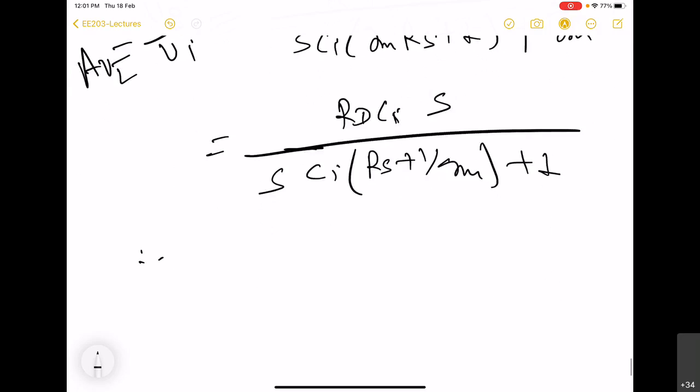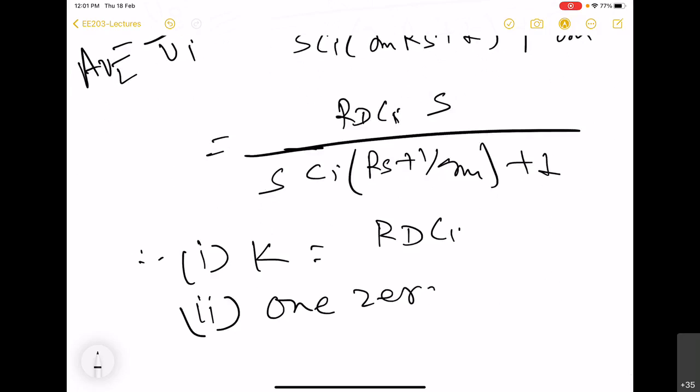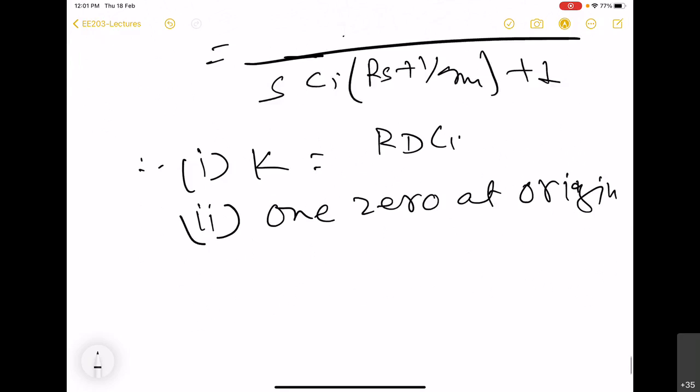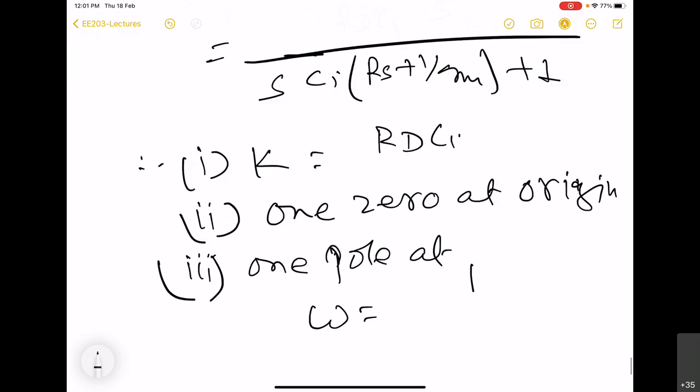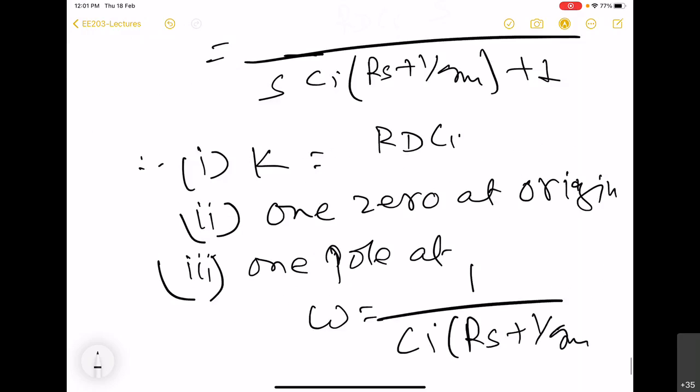So here we see that we have K equal to Rd Ci. We have one zero at origin, and we have one pole. Omega P is equal to 1 by Ci times Rs plus 1 by Gm.